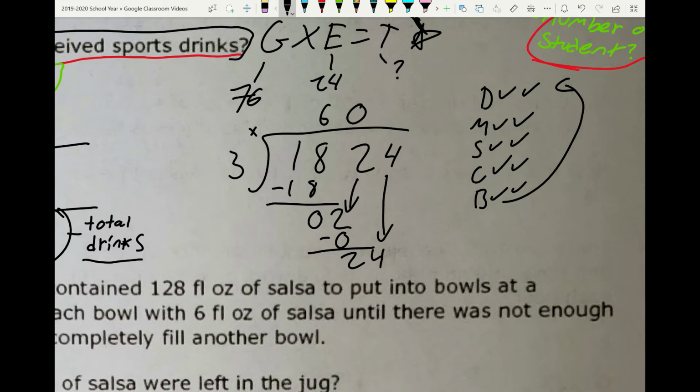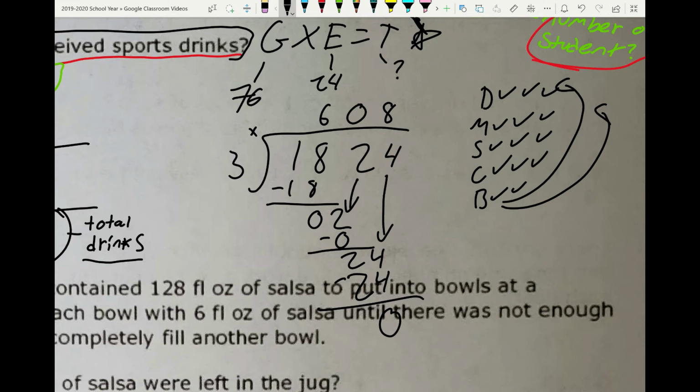24. Now I do this all over again. How many times can 3 go into 24? At least 8 times. Multiply. 3 times 8 is what? 24. Now I subtract. 24 minus 24, 0.